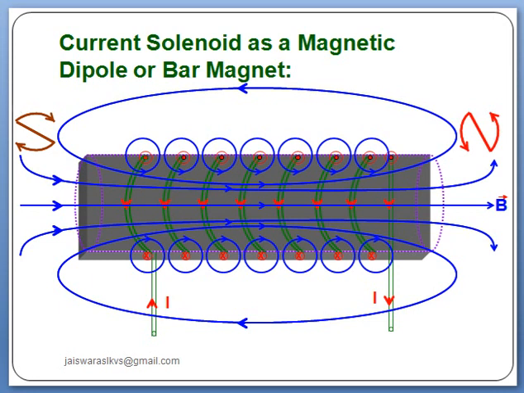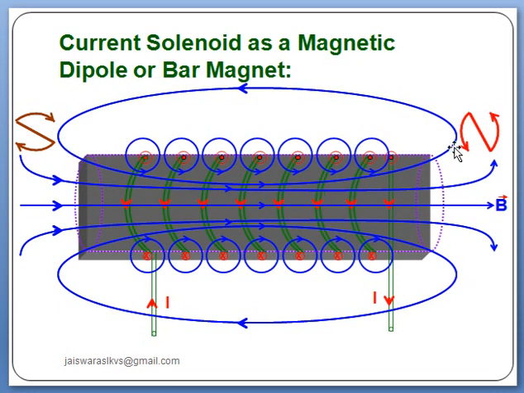A current carrying solenoid also behaves like a bar magnet. See, when a current of magnitude I is flowing in this solenoid, then one end of the solenoid behaves like a north pole, and the other end of the solenoid behaves like a south pole.